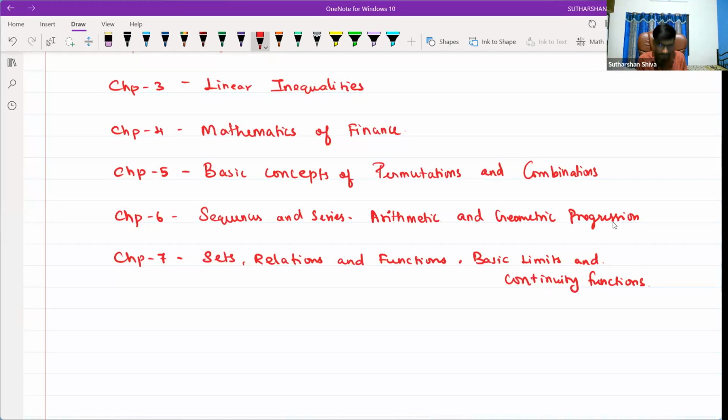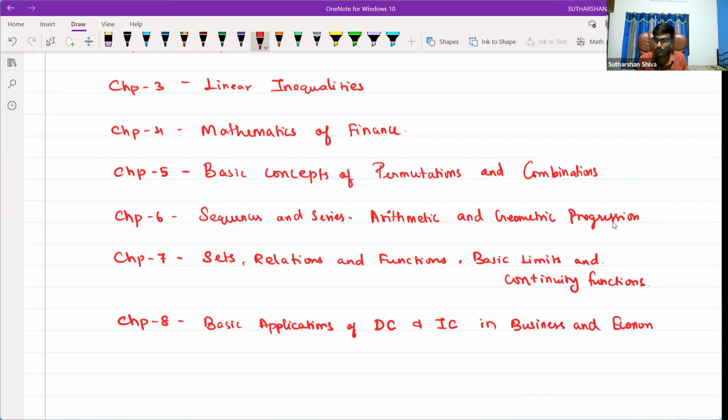Then, chapter number 8, we are coming to the last chapter. Chapter number 8 is about only basic applications of differential and integral calculus. Differential calculus and integral calculus only in business and economics we are going to learn. Okay, we are not going to learn the hard concepts with trigonometry and all.